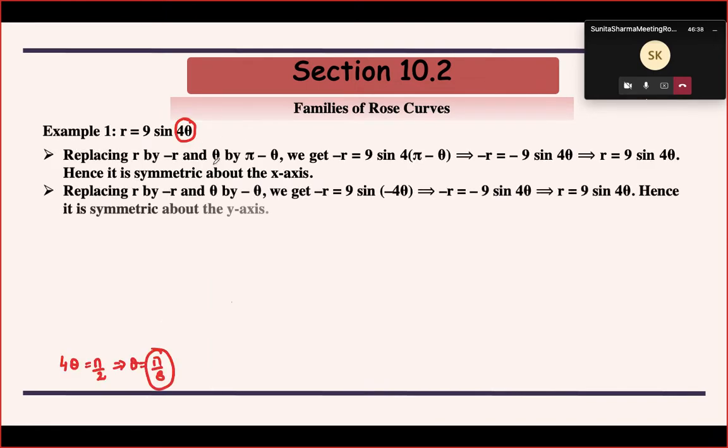So use this condition, r by minus r, theta by pi minus theta. In place of r you have minus r, then 9, then sine of 4 pi minus 4 theta. Where does 4 pi minus 4 theta lie?